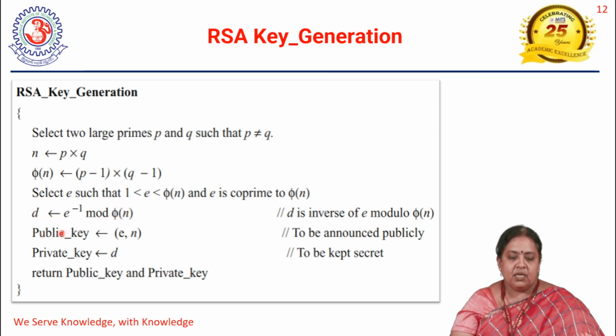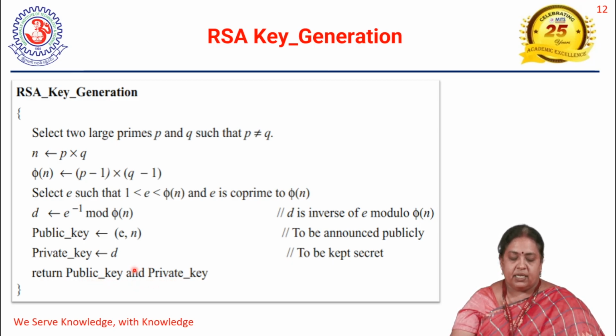So the public key will be (e, n), where e is the integer we selected and n is P into Q, and the private key will be D. This public key is announced publicly to the whole network, whereas the private key is kept secret. So in this key generation we get two keys, a pair of keys: one is called public and one is called private.